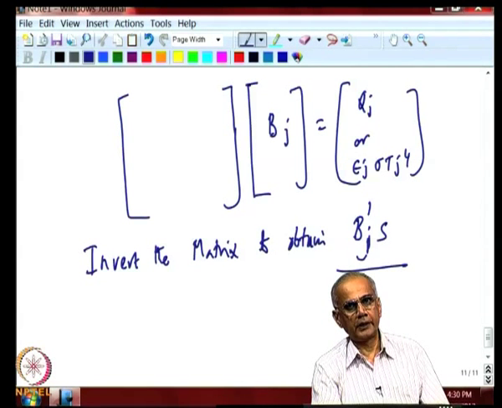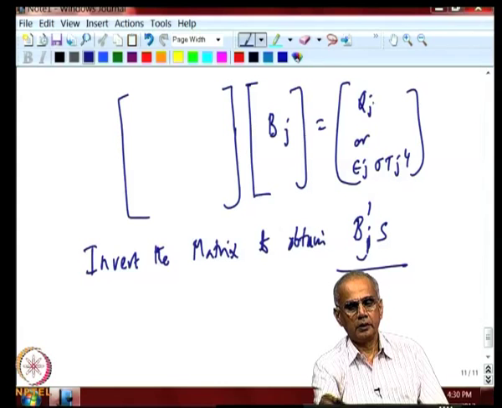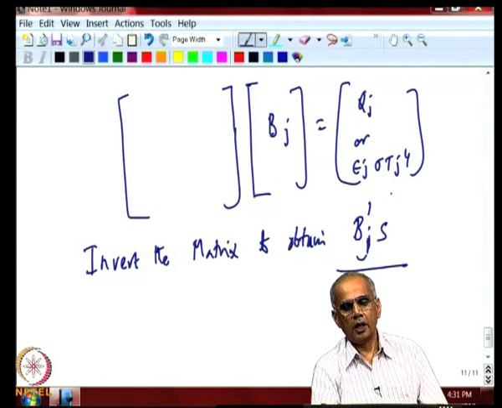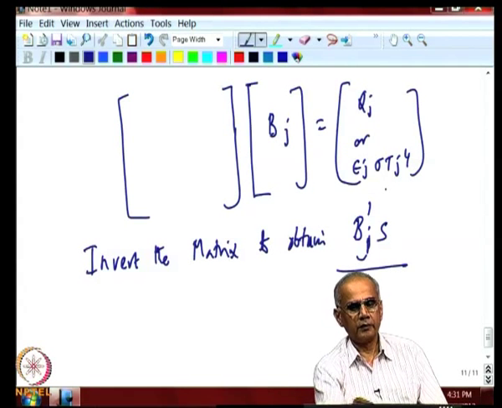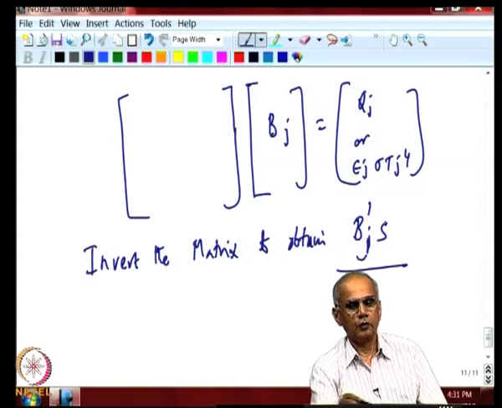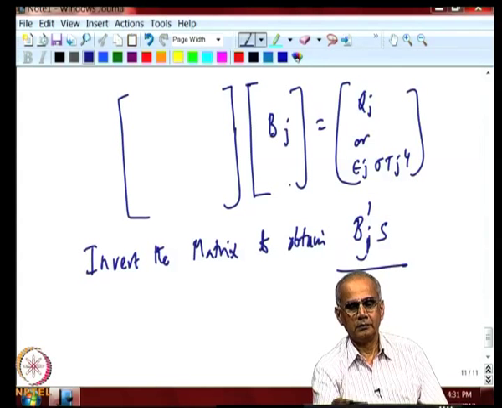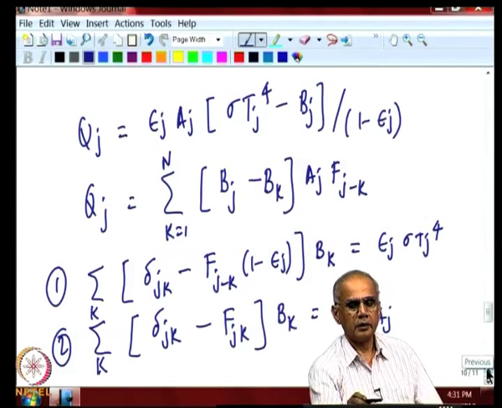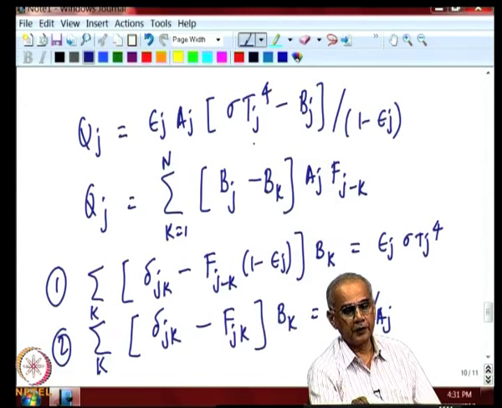So, once your shape factors and emissivities are known, in those surfaces where heat flux is specified, you put one matrix element, and wherein temperature is specified, you have another matrix element. You know all the matrix elements, invert the matrix, get the radiosity. Once you know radiosity, you can go back to the previous equations. Where the temperature is specified and we have estimated radiosity by inverting the matrix, we get the flux.